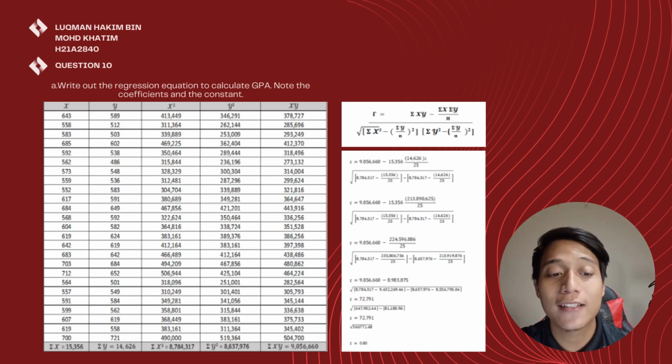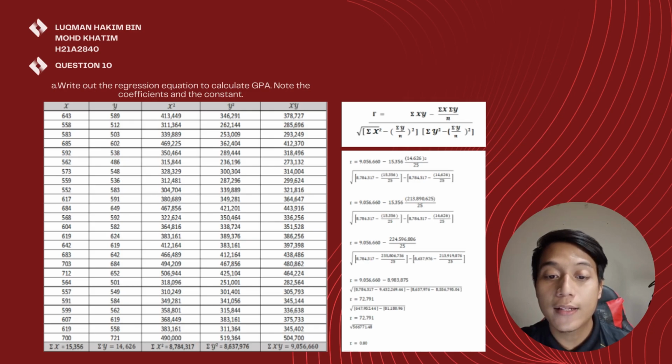As you can see in the table, they are given the columns of X and Y. How can we get the X square? We get the X square after we multiply 643 by 643, and we get 413,449. Same as Y square.